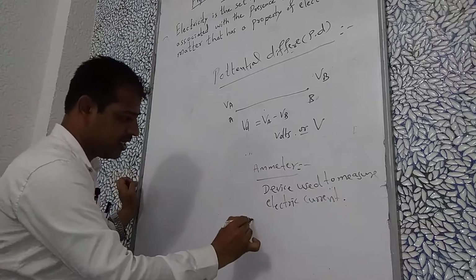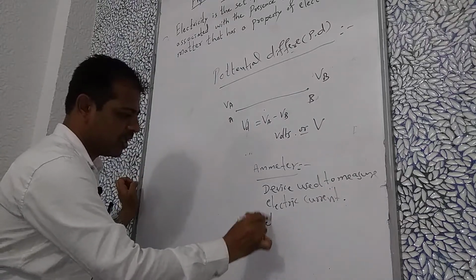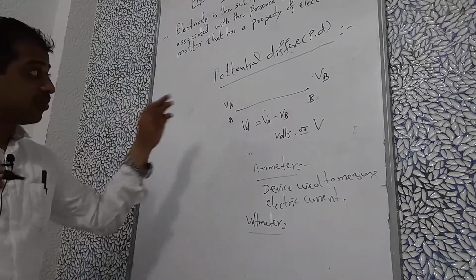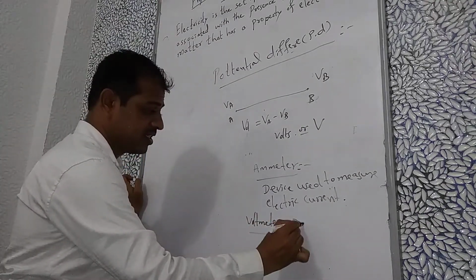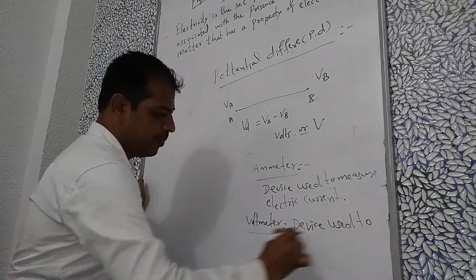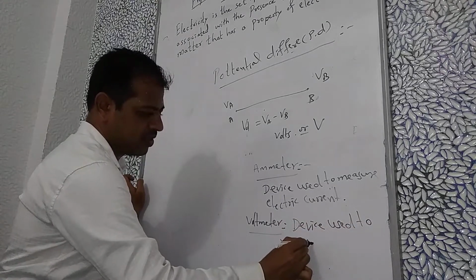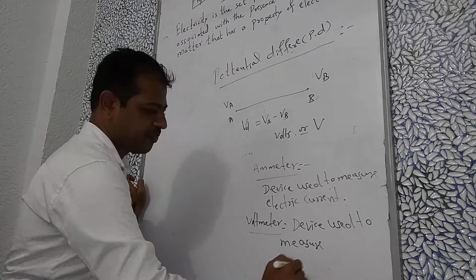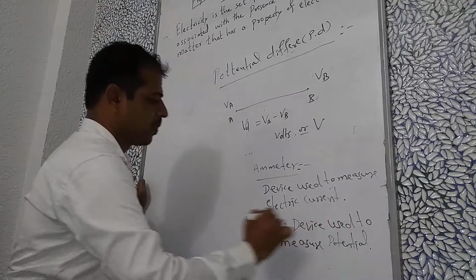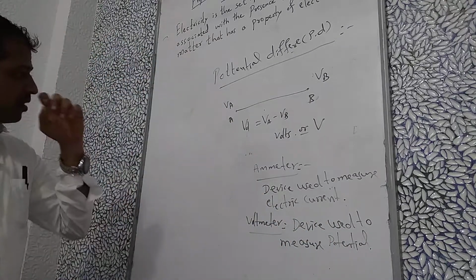And there is the voltmeter. What is a voltmeter? The device used to measure potential is known as a voltmeter.